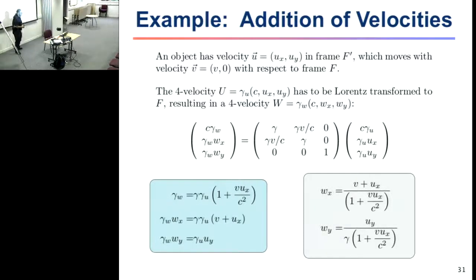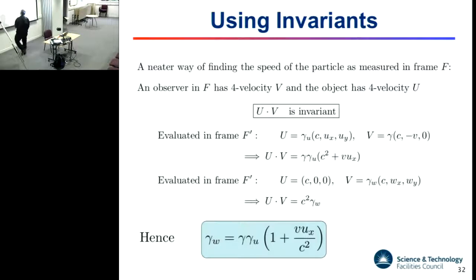And then obviously if we're in higher dimensions, we've got a more complicated formula. But an easier way of doing it is looking at these invariants. The point about where I have a dot here is I'm going to have an invariant, and they're much more useful. So you evaluate what u and v are in the f prime frame, and that tells me that u dot v, which is that squared minus that squared minus that squared, gives me this value here, that is an invariant, which means it's the same in every frame.